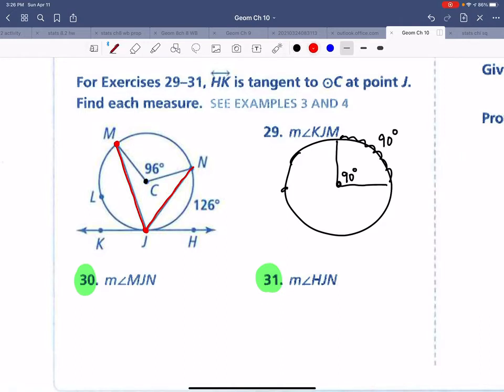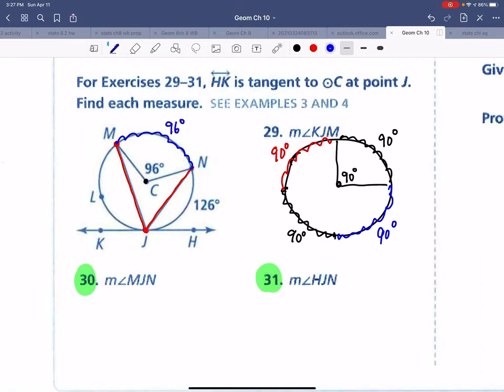Each of these is 90 degrees of arc. So our arc can be measured based on our central angle. So using that same idea, I can say this arc is 96 degrees.